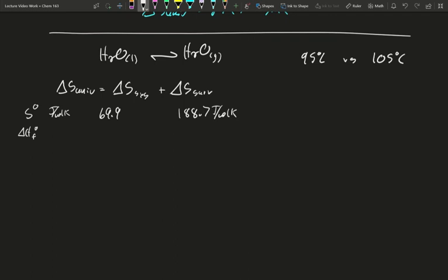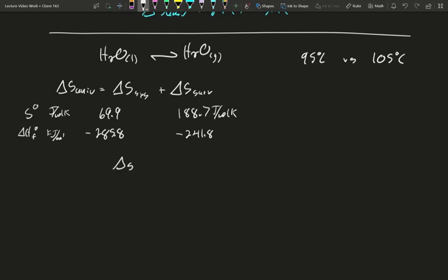Gaseous water inherently has more entropy because it's a gas instead of a liquid. It has more freedoms of motion, and we can see that in its values here. The delta H of formation for the two is minus 285.8 kilojoules per mole for the liquid, and minus 241.8 for our gas.